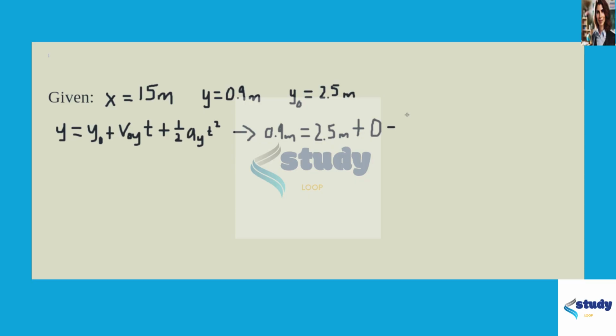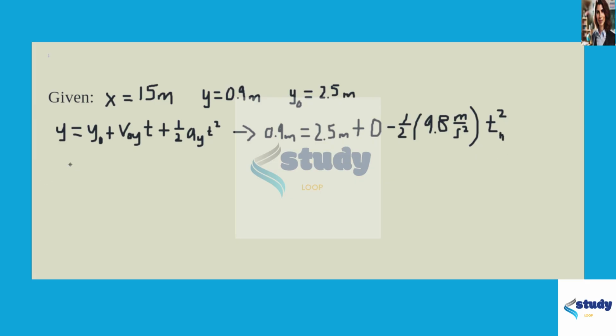Then minus, because the acceleration in the y direction is gravity in the negative direction, so we have the minus sign pulled out front. We'll plug in gravity, 9.8 meters per second squared, multiplied by t squared. This time is the time it takes to get to the net, so we'll call this t sub n for net, squared.